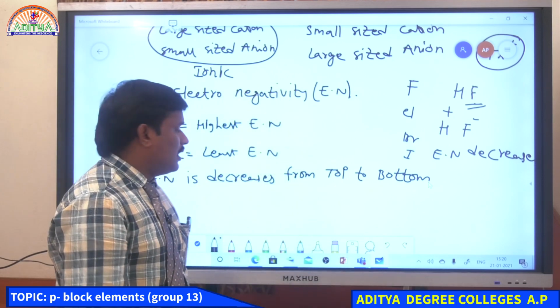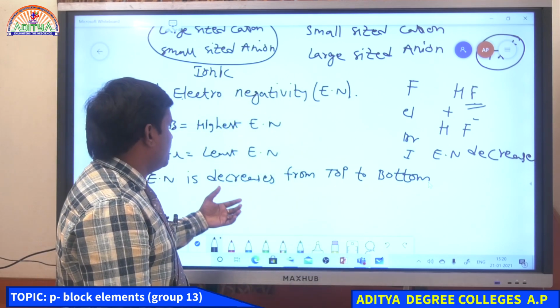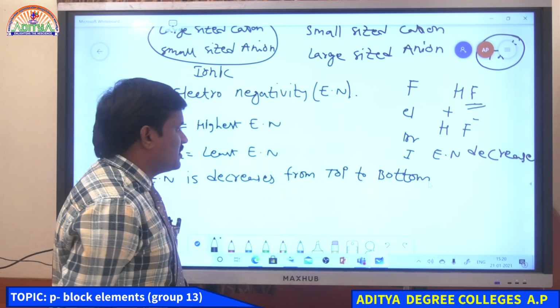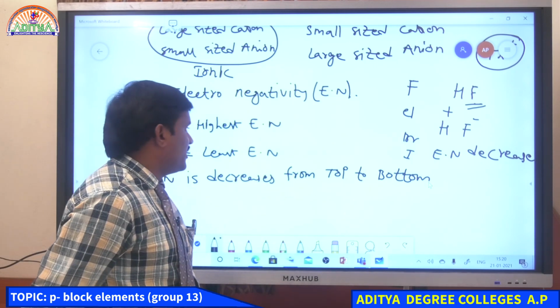So boron is the highest electronegativity element, next aluminum, and the last one is thallium, which has very low electronegativity.